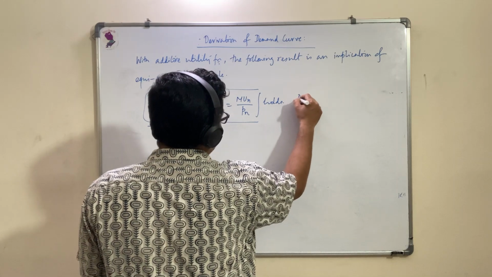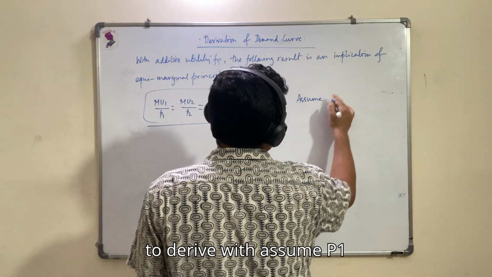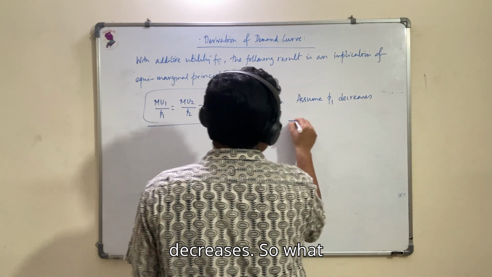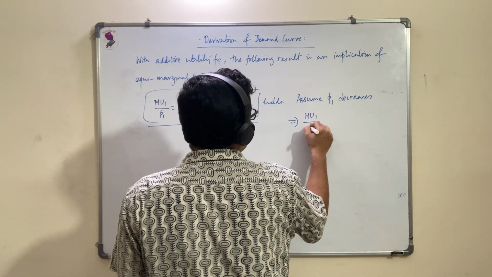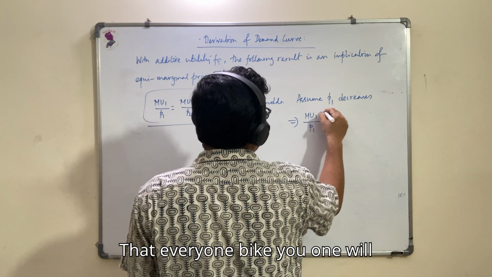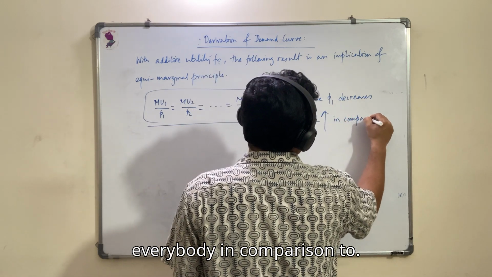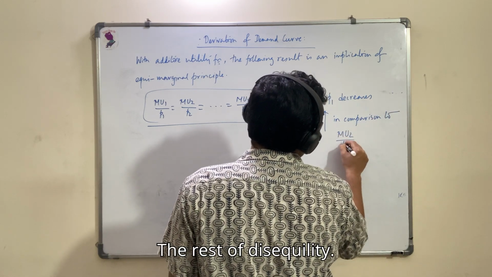Now going by demand curve, so to derive it, assume P1 decreases. So what will it mean? It will mean that MU1 by P1 will rise in comparison to everybody, in comparison to the rest of this equality.